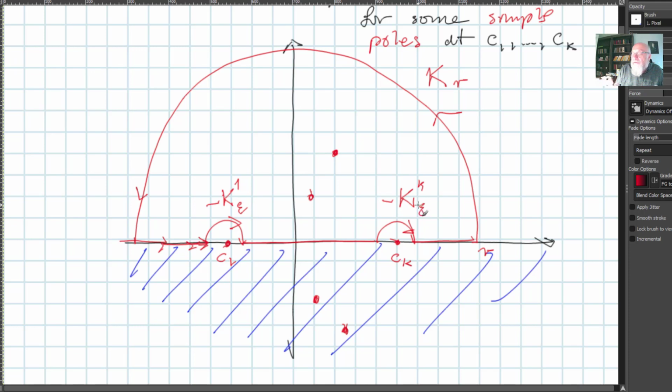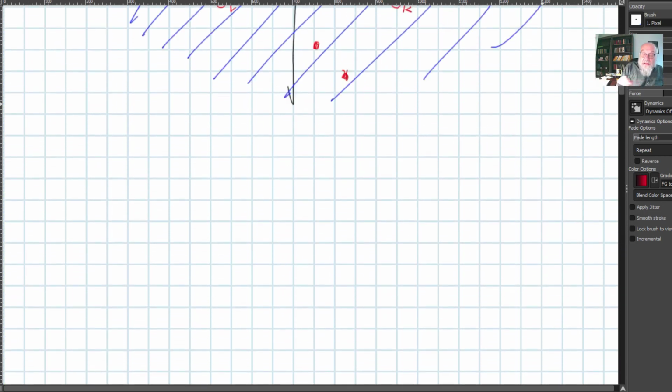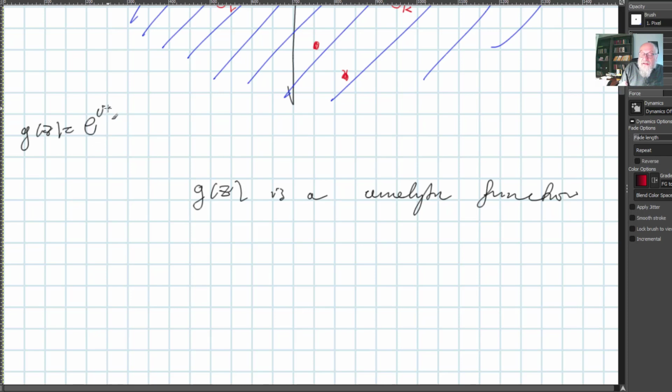What really happens is this: suppose g of z is a general analytic function, in our case e to the iaz times f of z, and we have a simple pole at z0.